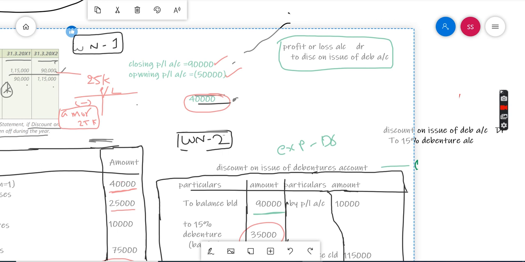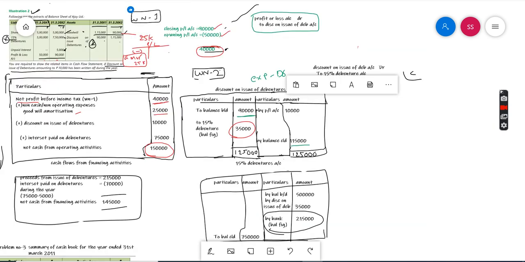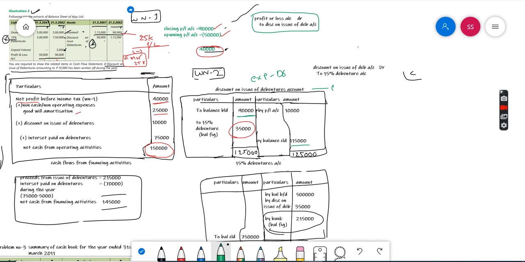Profit and loss account debit to discount on issue of debentures account. In the discount on issue of debentures account, it would be by P&L account 10,000. Based on this general entry we are writing this. And whatever the remaining balancing figure is, we transfer to the debentures account.